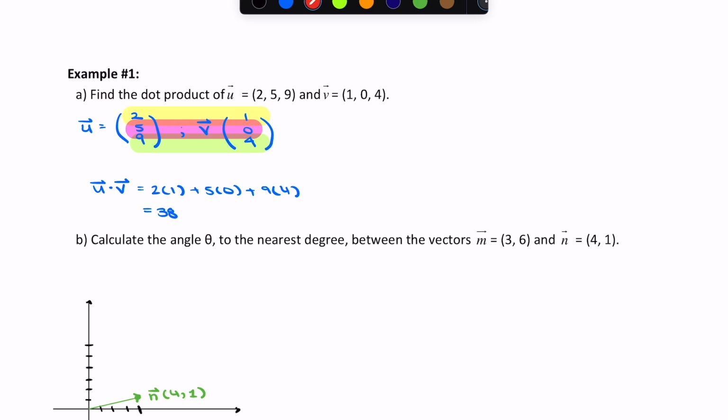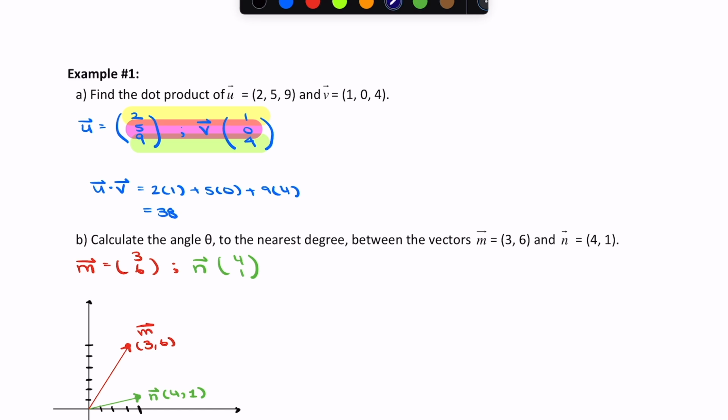And then our other vector m at 3 and 6. And so here, again, if we write it in our component form, vector m will be 3, 6, and vector n will be 4 and 1.